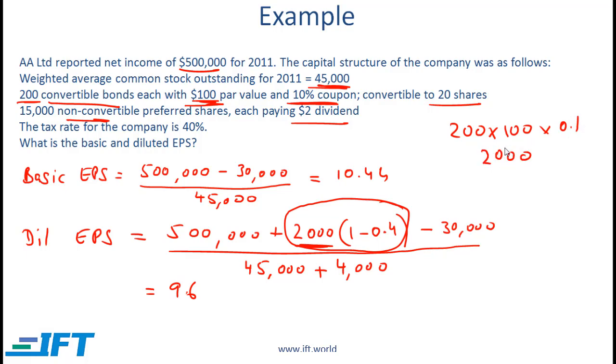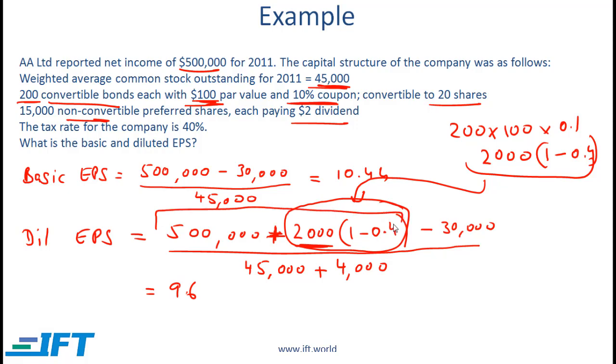Remember that interest is tax deductible. To come up with the after-tax effect, we do 2,000 into 1 minus the tax rate, which is 0.4, and this expression is shown right here. We add it back because this amount is not going to be paid anymore, so the net income would be higher.